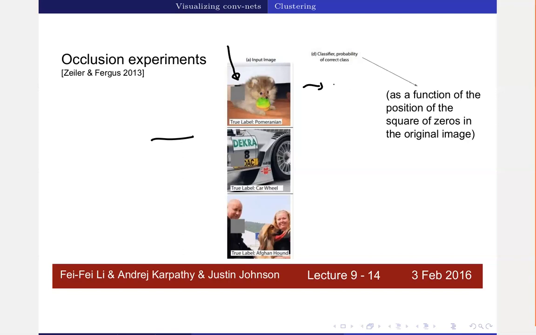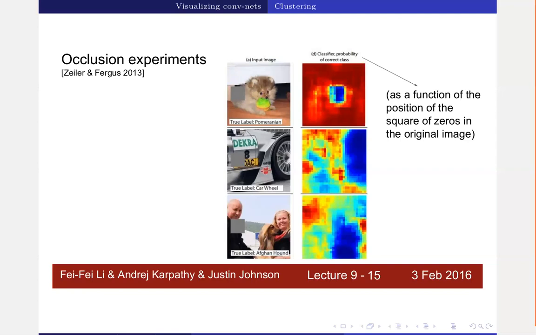Now I put a patch, I mask every place in the image, like this one. I continue to shift this gray block, and eventually for some places I will have an increase of the dog score, or the score of the correct class, and some places I may have a decrease.